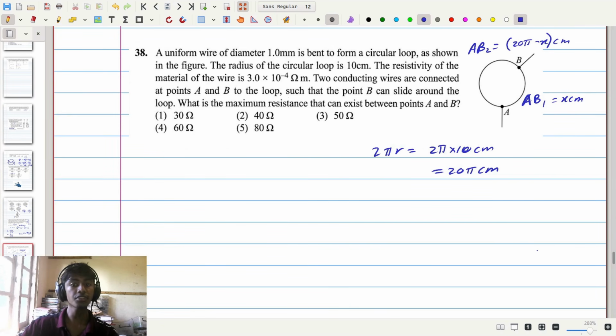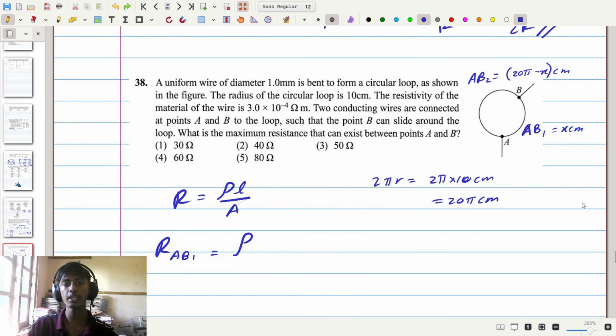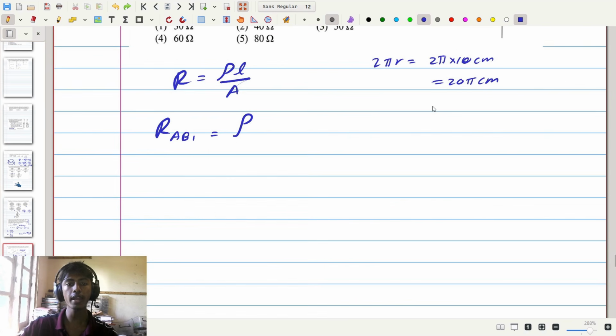Now to find the resistances of these two wires, we have to use the formula R equals rho L divided by A, where R is resistance, rho is resistivity, L is length, and A is cross-sectional area. So for R_AB1, we'll have the resistance of AB1 equal to rho, which for now I'll leave as rho, times the length, x centimeters, or x times 10 to the minus 2 meters, since we have to use SI units, divided by A, which for now I'm going to leave as is.